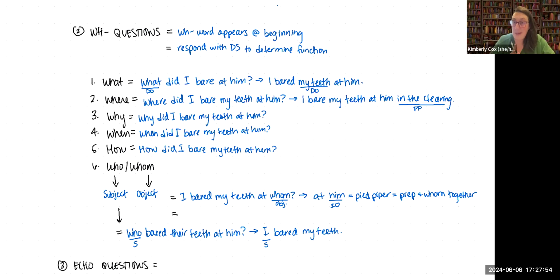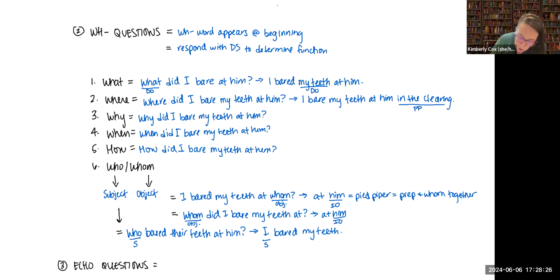Now, there's something a little bit different that we can do with the object. We could also say, whom did I bare my teeth at? Still, we have whom taking the place, because I would still say at him, right? So it's taking the place of the indirect object, so it's still an object.